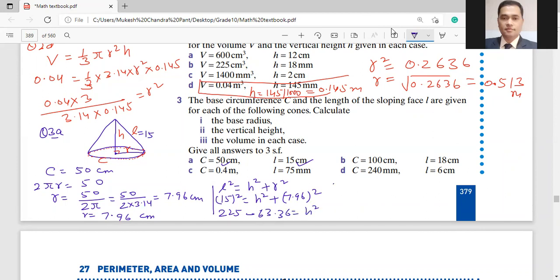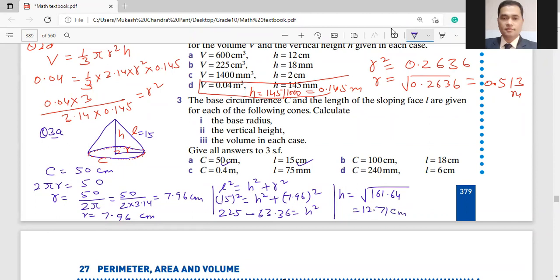So H equals the square root of 225 minus 63.36. This is 161.64. Then find its square root. Square root of 161.64 is 12.71 centimeter.